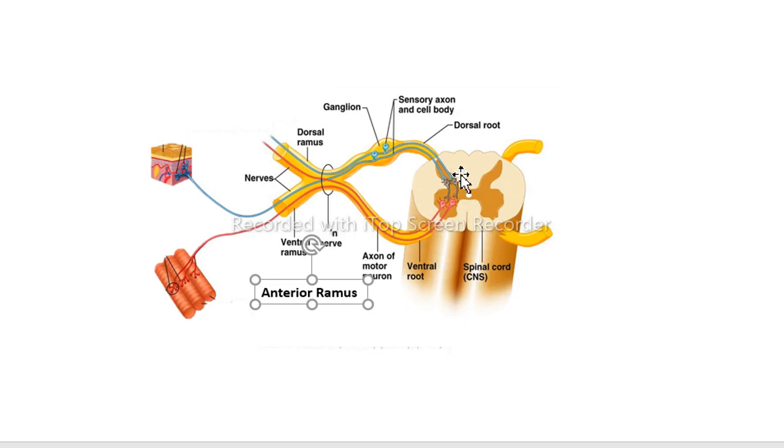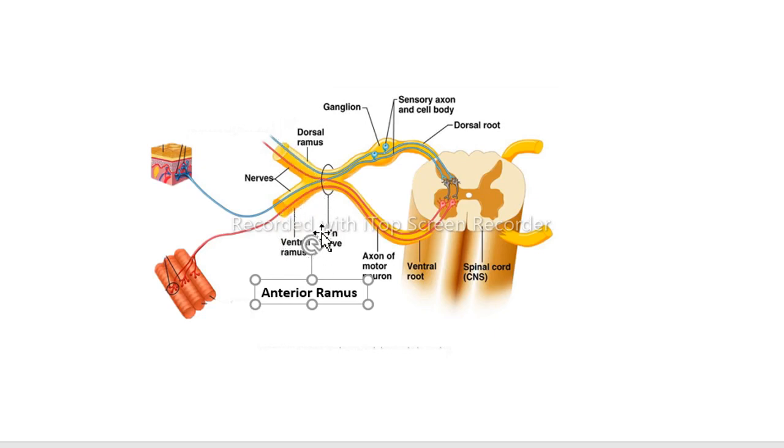Nerves arising from the spinal cord have two roots, the dorsal root and the ventral root. The ventral root is motor and the dorsal root is sensory. These two roots unite and form the spinal nerve. This spinal nerve then divides into the ventral ramus and dorsal ramus.